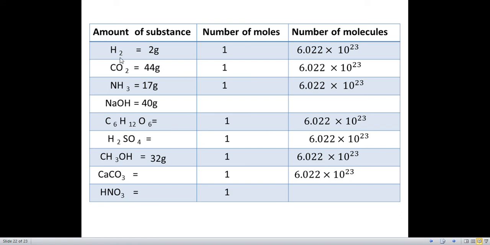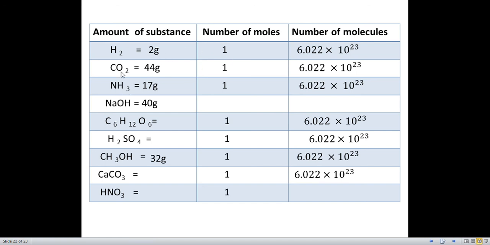Now, if we take hydrogen 2 grams, as we explained earlier, number of moles 1, number of molecules 6.022 × 10^23. Here I have taken the number of molecules, the same number of molecules in hydrogen 2 grams. Number of moles 1.